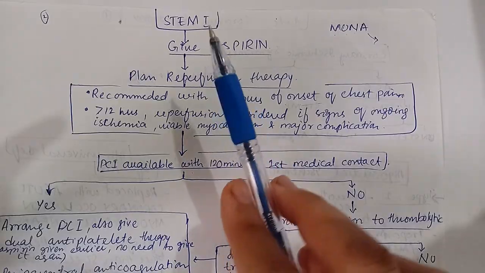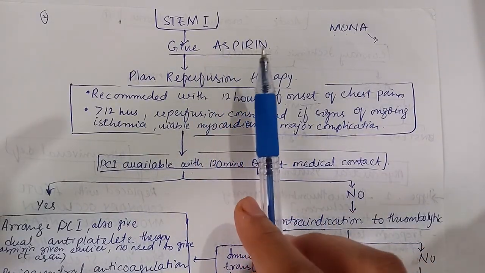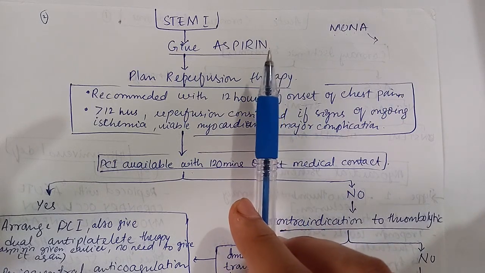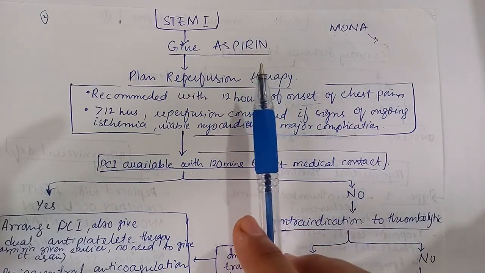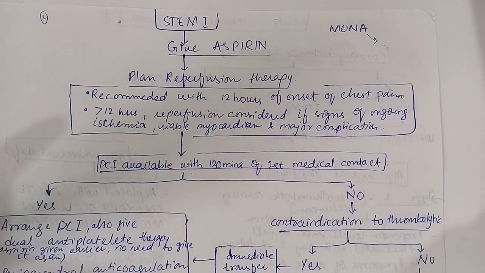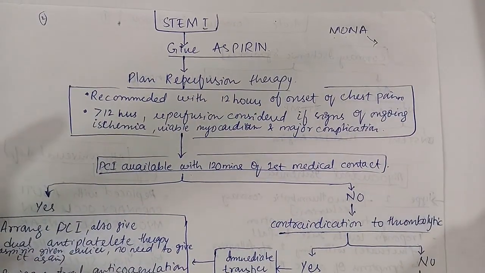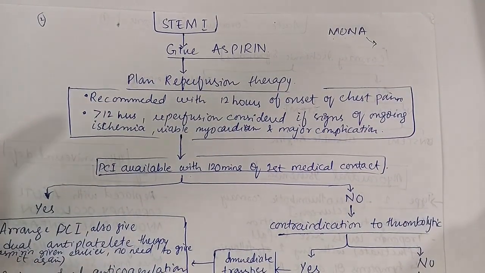So now, after aspirin, the question asks that the patient has been given aspirin. Now, what is the best next appropriate step? So the most appropriate next step would be reperfusion therapy, the PCI. So after aspirin, the best step would be PCI, and you have to give PCI as soon as possible.